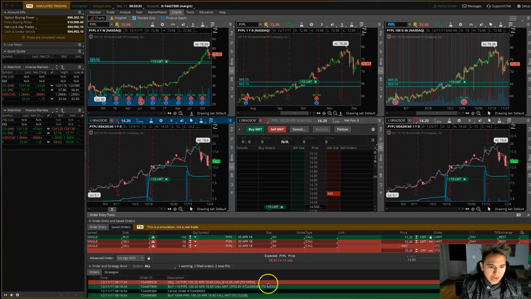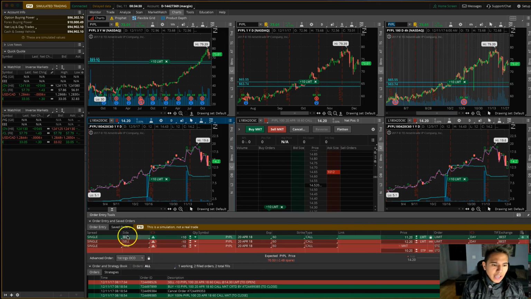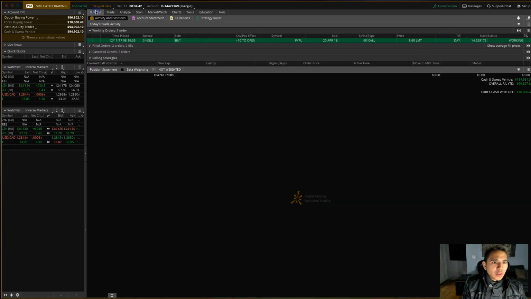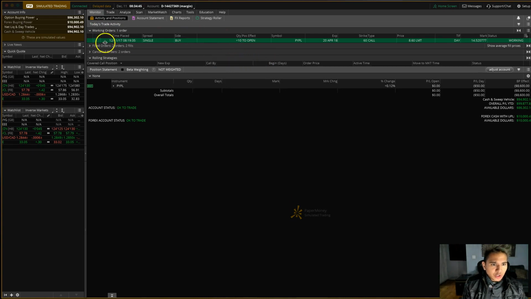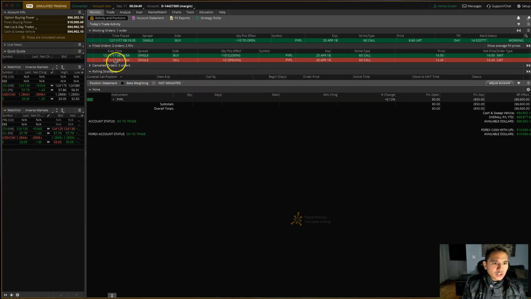with OCO bracket. And then you can see here buy, sell signal, one triggers other. So this is a buy custom, and then you can make kind of whatever you want. Instead of having to go through the monitor as you would usually do it, and then you would have to go to today's trade.